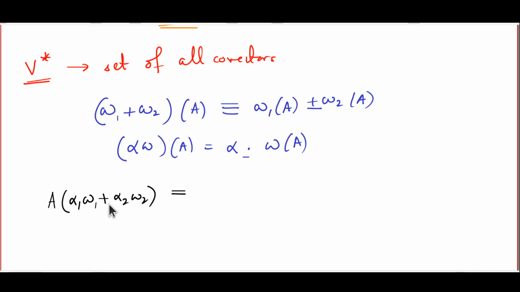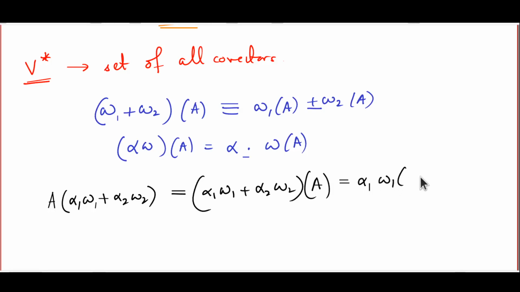Now, by our definition of this object, this is nothing but the covector alpha 1 omega 1 plus alpha 2 omega 2 acting on the vector A. This of course is a number, and as we have already defined just now, this is nothing but alpha 1 times omega 1 acting on A plus alpha 2 times omega 2 acting on A. And now let's turn this around once again.